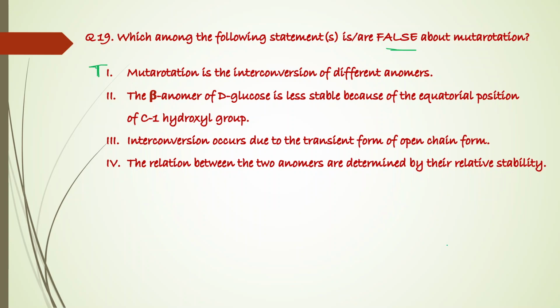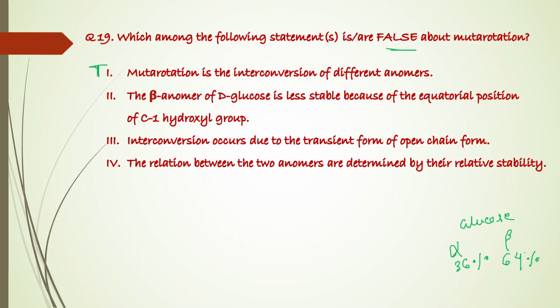Let me say it again. In case of glucose, we have this alpha form and this beta form. The beta form was 64% and the alpha form was 36%. Now if the beta form was unstable, it would have never existed in the higher percentage, it would have existed in less percentage.